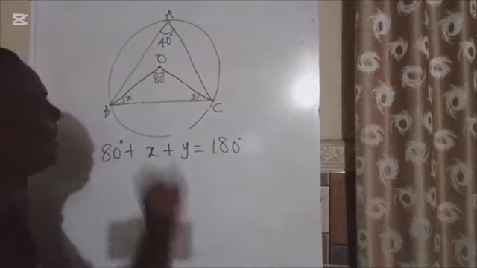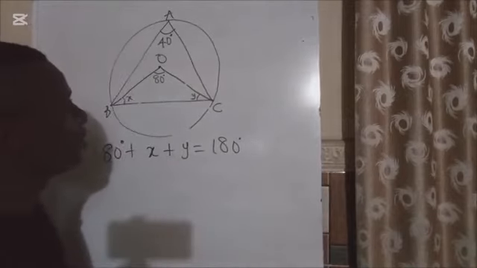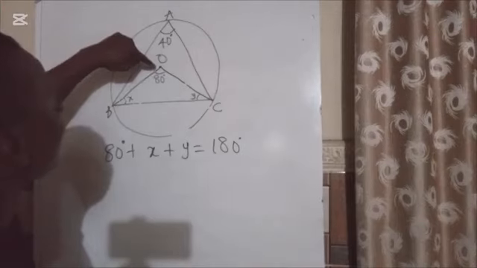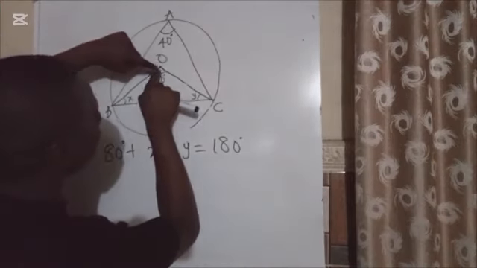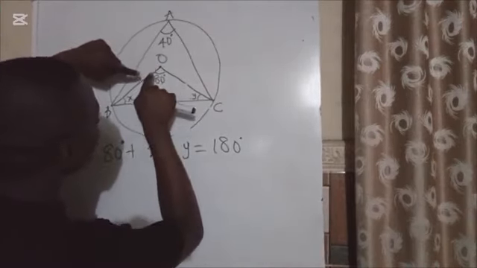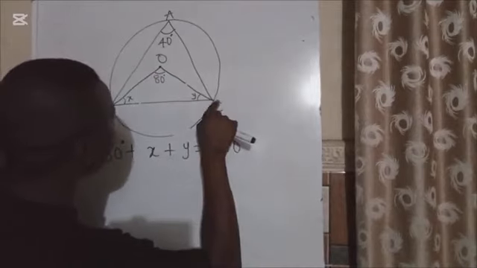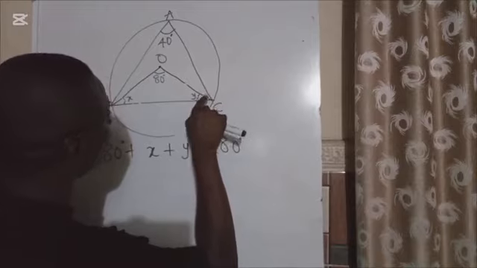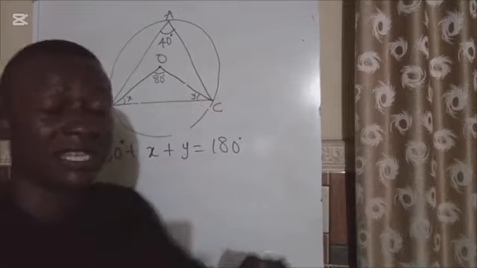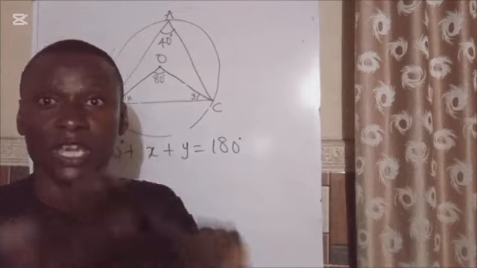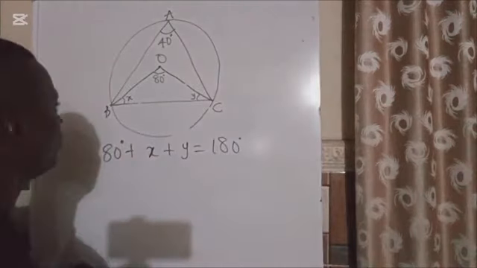But then remember the theorem. The theorem says that a line drawn from the center of your circle to meet both ends of your chord forms an isosceles triangle.